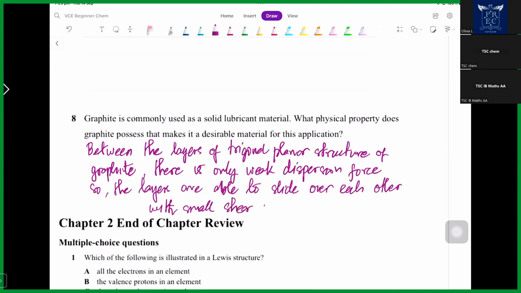You know what shear force is, right? It's like trying to apply two forces in opposite directions at different positions, which makes the object get sheared. Okay. So three key points here that must be involved: planar structure, weak dispersion force, and being able to slide over each other easily. So these are the three main things.